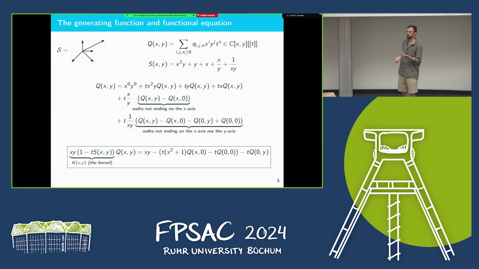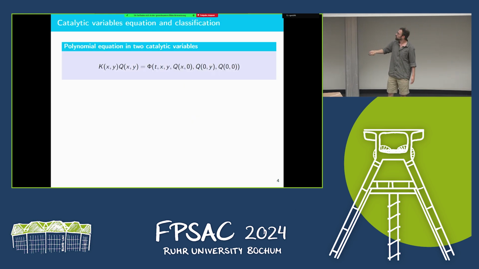So in general, when you count walks in the quadrant, the functional equation for the generating function Q(x,y) will have this shape. These kinds of equations are called equations in catalytic variables. Here there are two catalytic variables, x and y, and in general, we don't know how to solve such equations. It is really difficult.